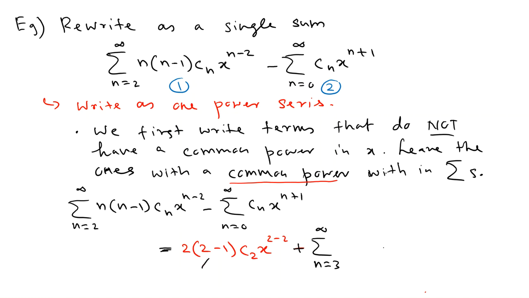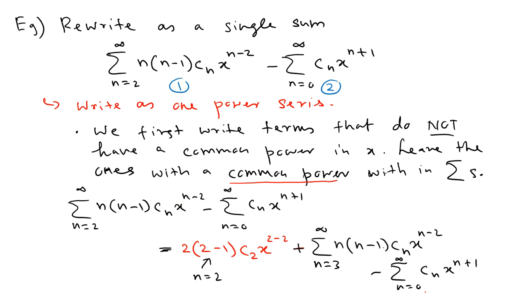Here, n equals 2 is not common. But when you apply n equals 3, they are common. So here the inside nothing changes. You see n minus 1 Cn x to the n minus 2 and then minus sigma n going from 0 to infinity Cn x to the n plus 1.